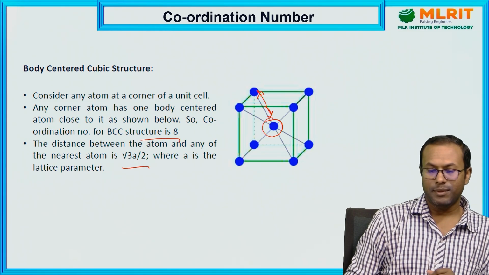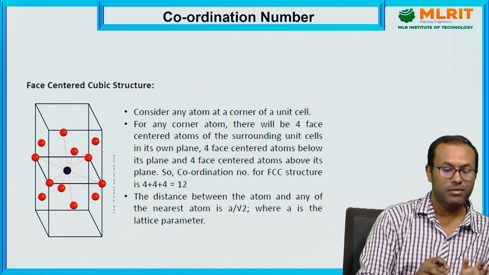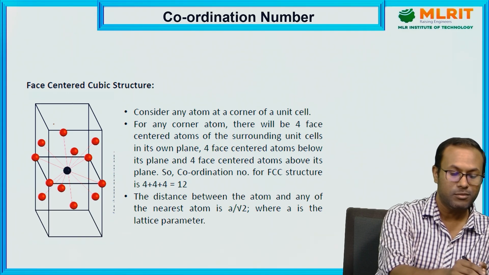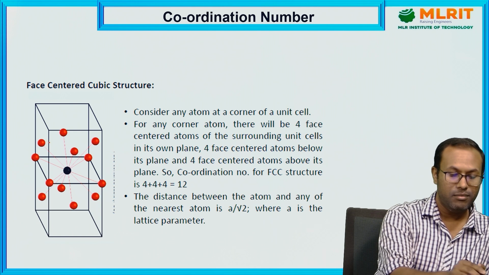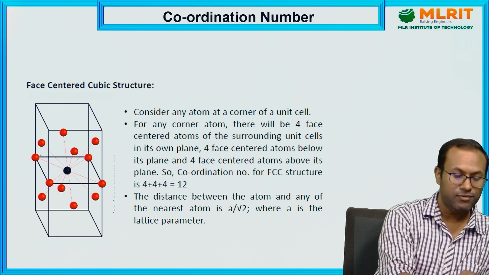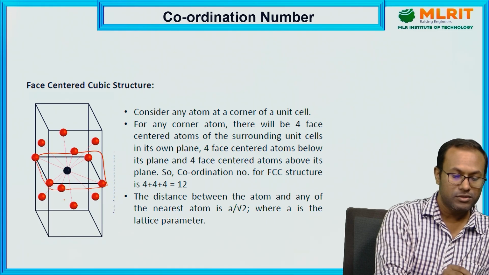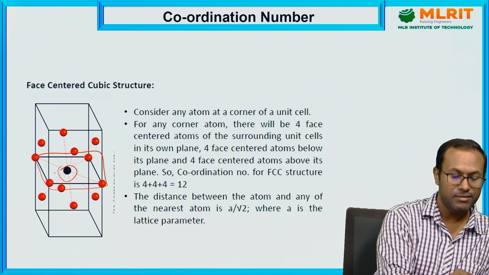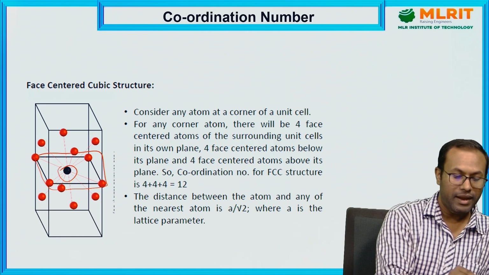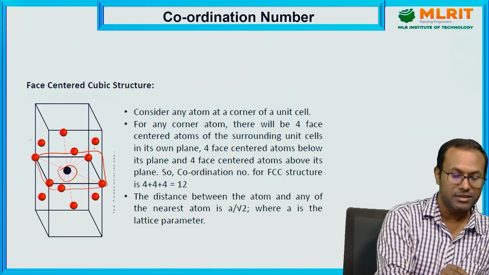Now in case of FCC, suppose there are two FCC building blocks, and this is a common plane for the two cubes. On the common plane there is one atom. Now from that atom, how many closest atoms are there?